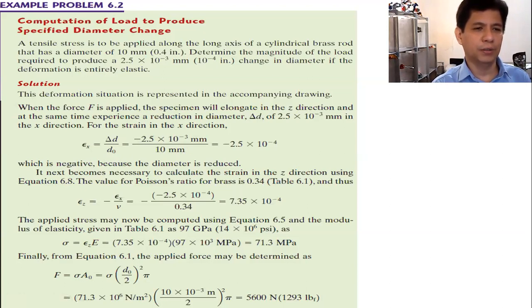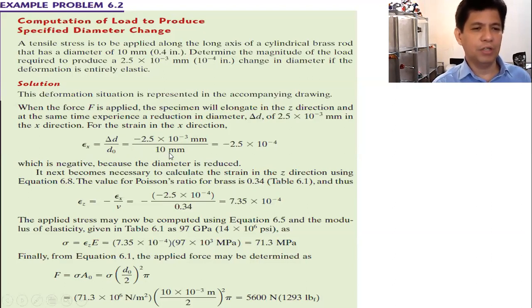Given the magnitude of deformation, 2.5 times 10 to the negative 3, this is the change in diameter. It is negative because when you apply a tensile force, the material gets longer and its diameter gets smaller. So what is being asked is, what should the load be?